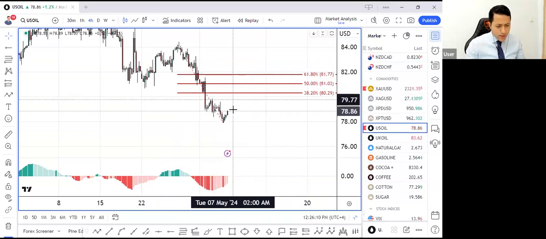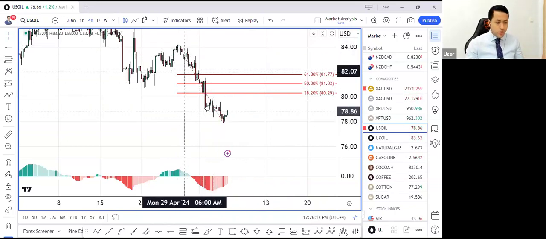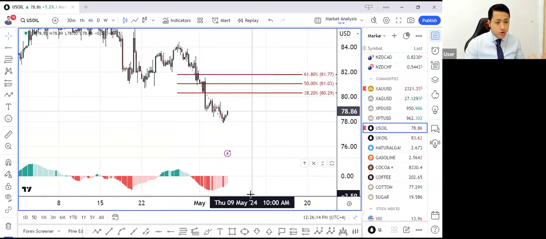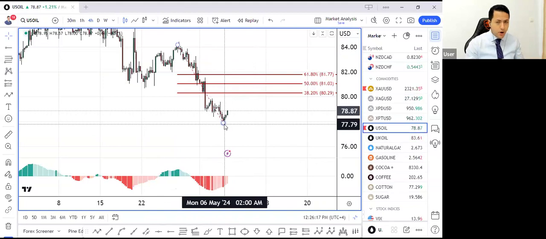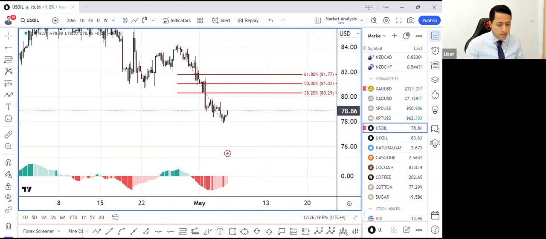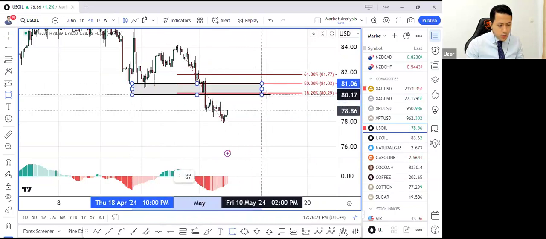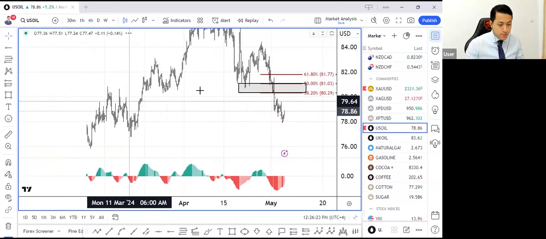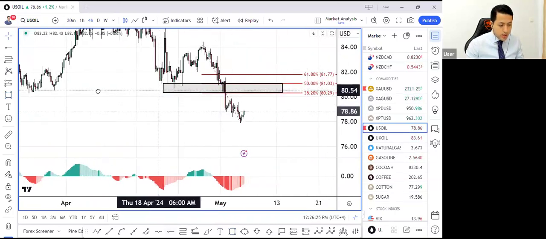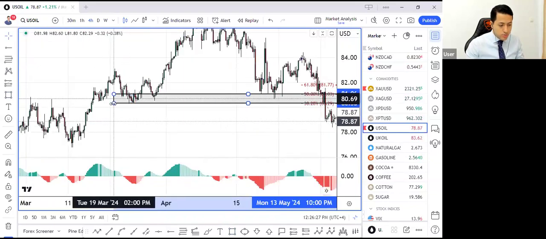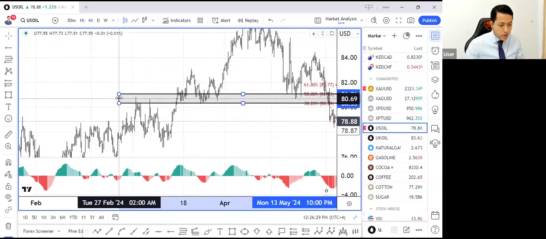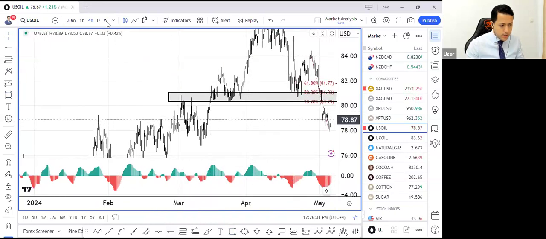So if we had this huge move to the downside during the last week, and we're going to retrace part of this move during this week, I'm looking somewhere between the 50% and the 38.20, which also has previous price action here. That should be my target on oil during this week.